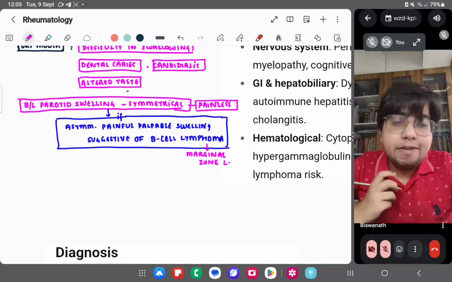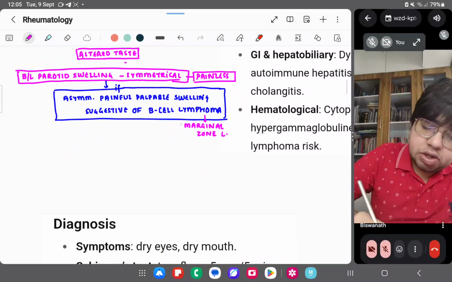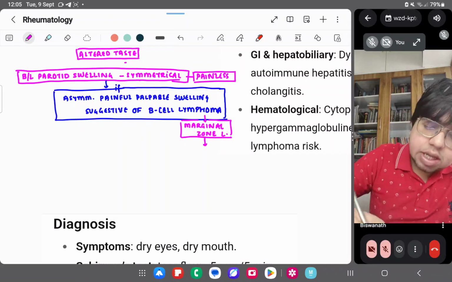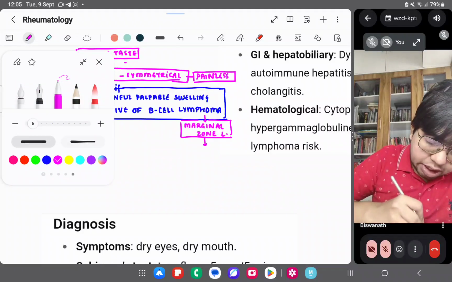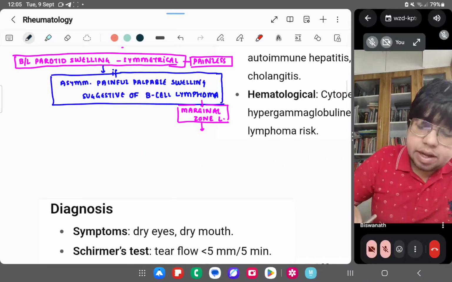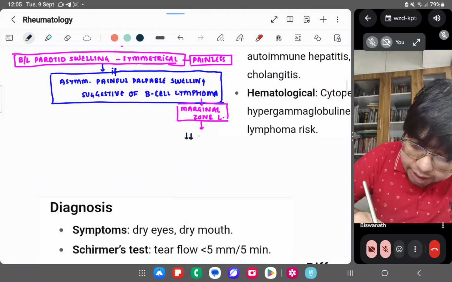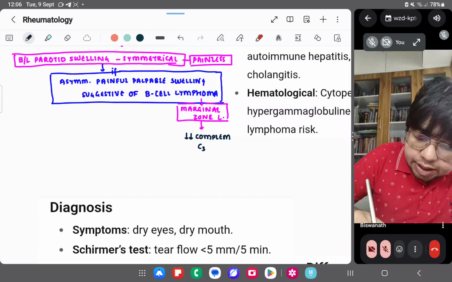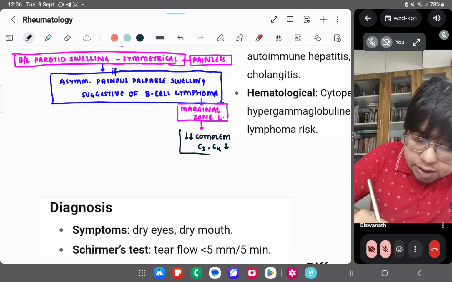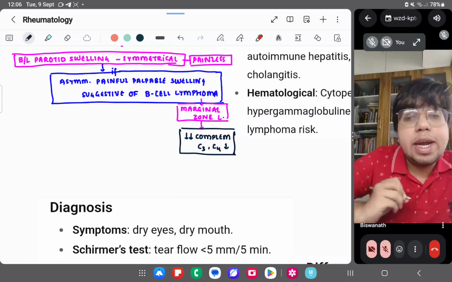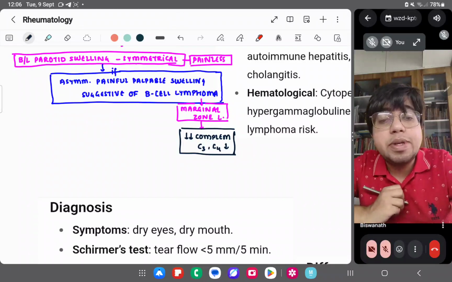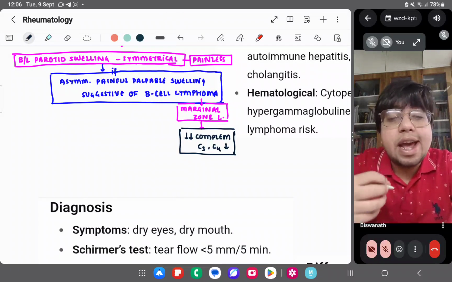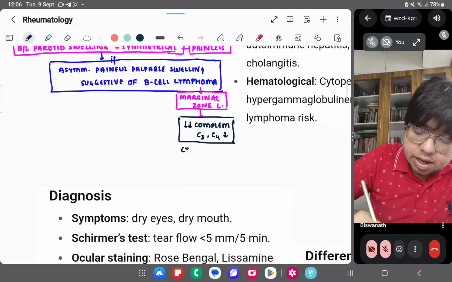Okay, and if it is an extranodal marginal zone lymphoma, then you know from your hematology knowledge that whenever there is an extranodal marginal zone lymphoma, right, it will present with decreased complements. The C3, C4 are decreased. Okay, they always present with decreased complements and cryoglobulinemia.